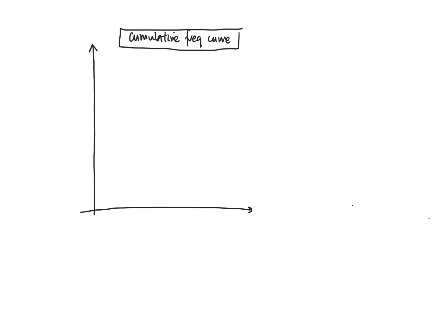Okay, a cumulative frequency curve always starts from 0, or at least starts from the y-axis. So 1 point here, then it goes up, and then it flattens at the largest point. So this will tell you the total number of people that participate in the study.